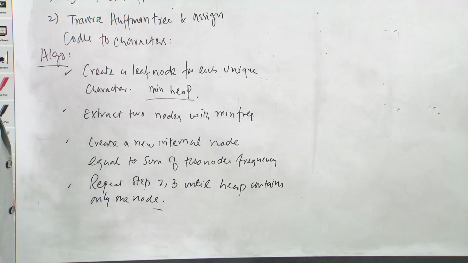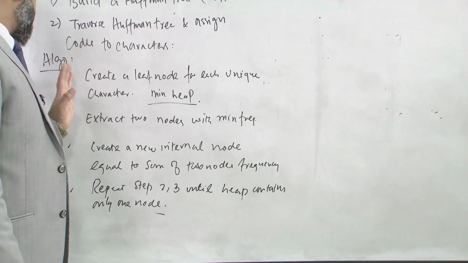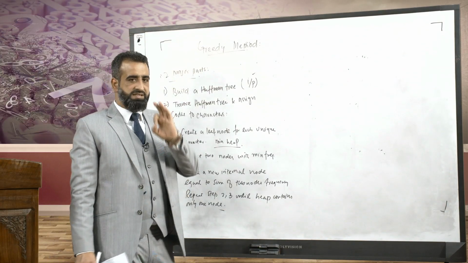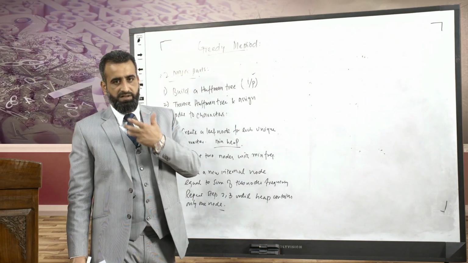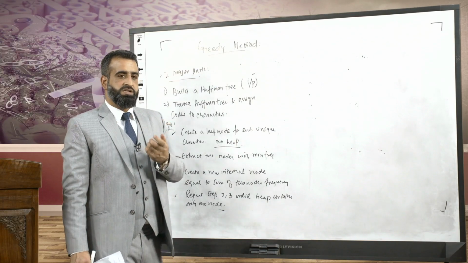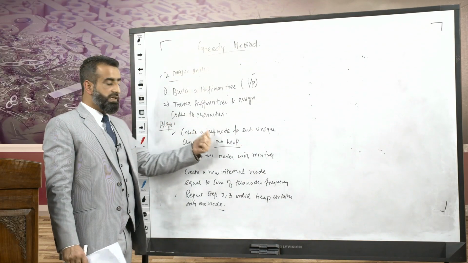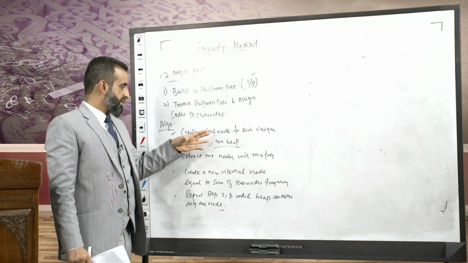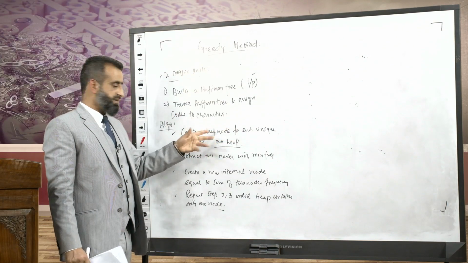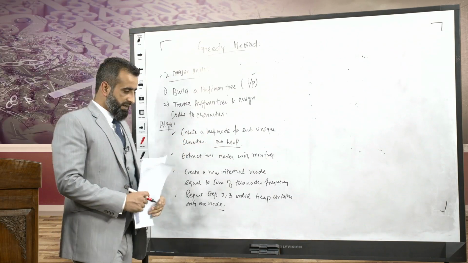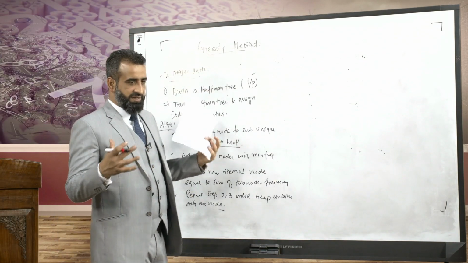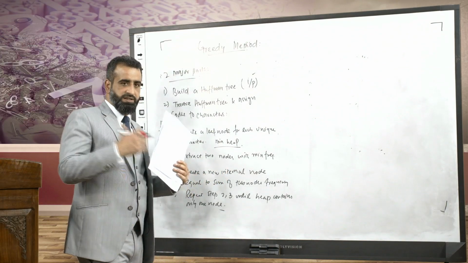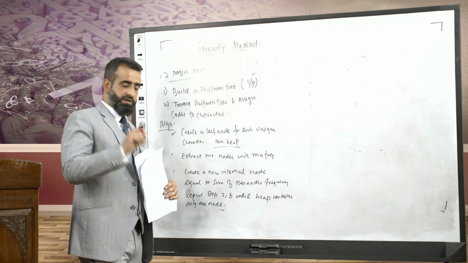Let me take you through this algorithm again. This is a 4-step algorithm. Every character that we have will be represented by a single leaf node. It's more of a binary tree. Out of these, we'll create a heap, which will keep track of every node and its associated frequency.